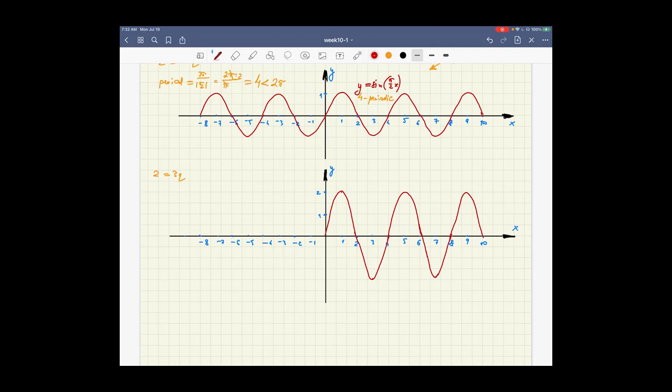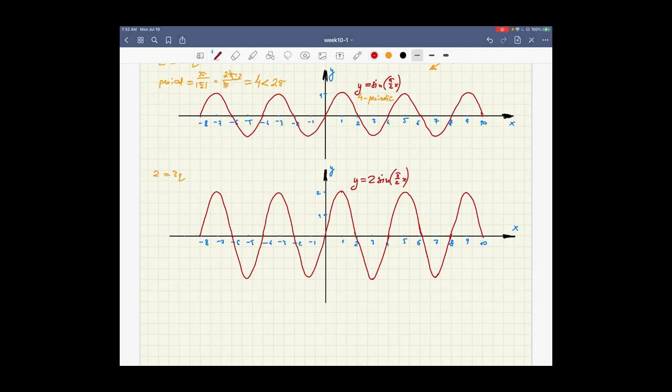And accordingly, on the left, that is 2 sine pi over 2x.